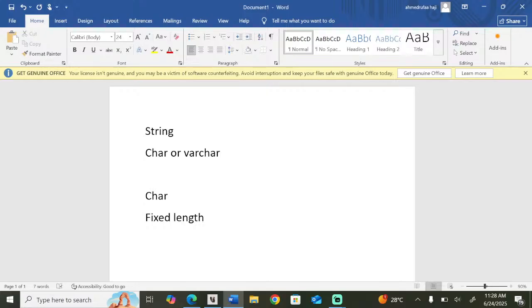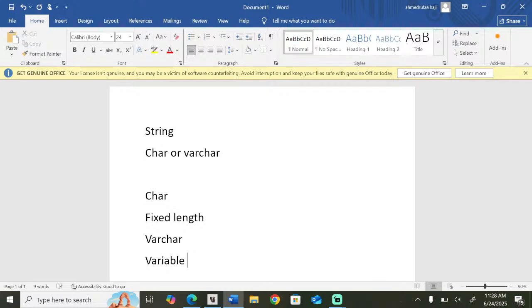And the other one we have is varchar, variable character. It varies, right? When you are not sure about the number of characters, such as names, so you're not sure how many letters it contains, you just choose varchar.